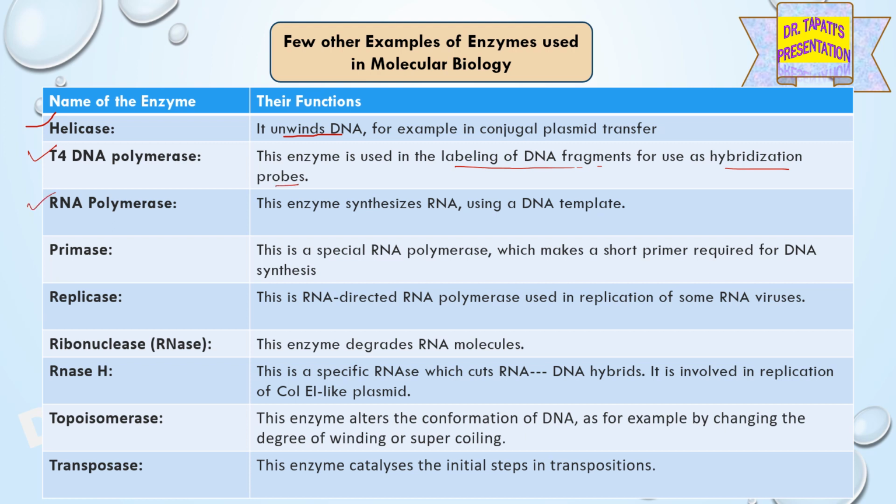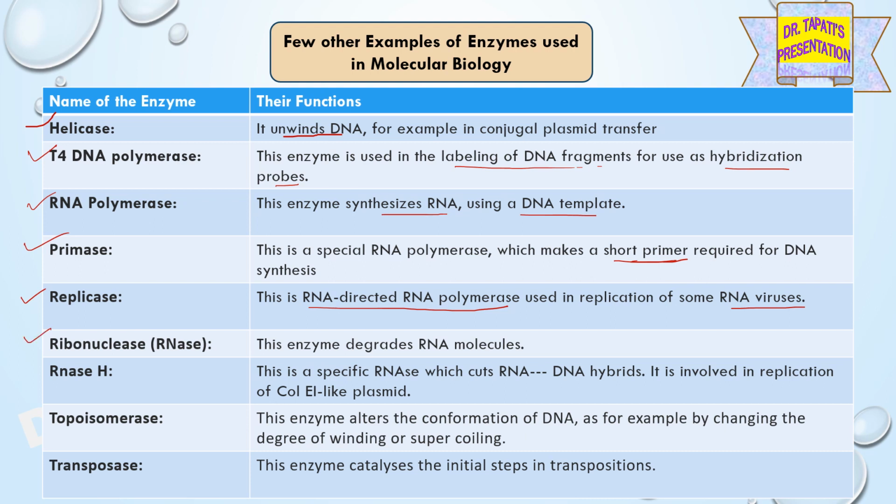RNA polymerase enzyme synthesizes RNA using a DNA template. Primase enzyme is a special RNA polymerase which makes a short primer required for DNA synthesis. Replicase enzyme is RNA-directed RNA polymerase which is used in replication of some RNA viruses.